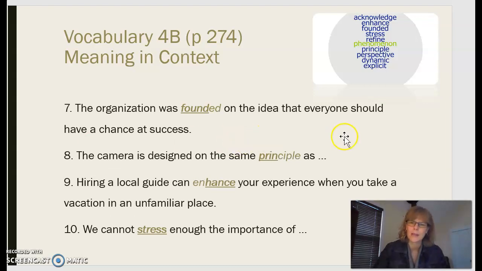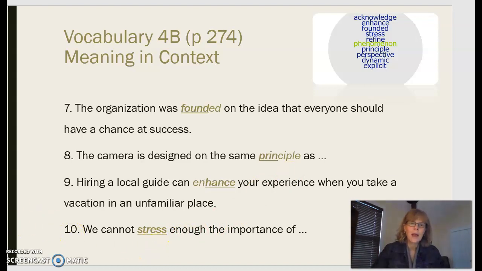So hopefully these are sounding familiar. Let's take a look at these words. Founded, principle, enhance, and stress.